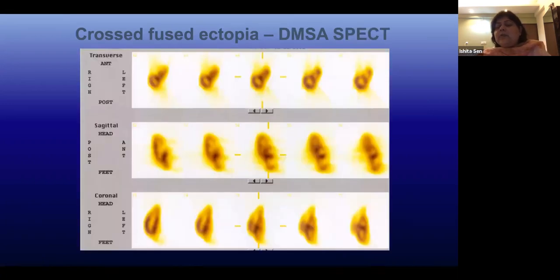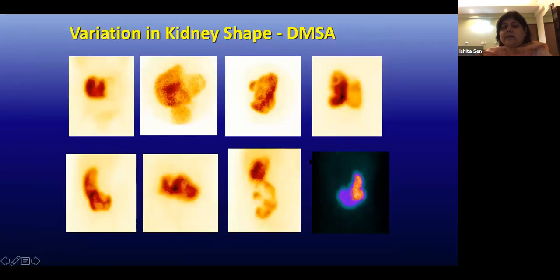You can take a tomographic image on a DMSA and do a DMSA SPECT and see the various components of the two kidneys. These are variations of kidney shape on DMSA. You can have a pancake kidney, you can have kidneys which are facing outwards, you can have cross-fused ectopia, you can have both kidneys ectopically placed, and you can have cross-fused ectopia whereby one kidney is facing medially and the other facing laterally.